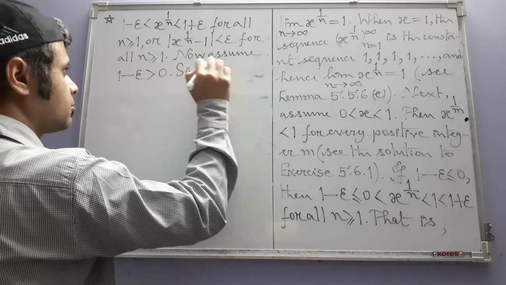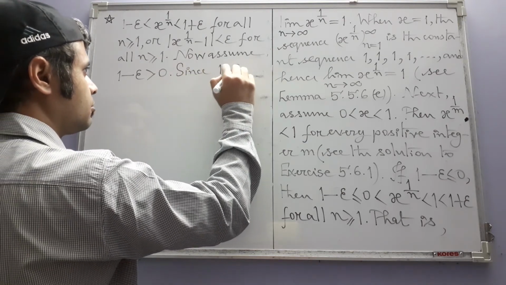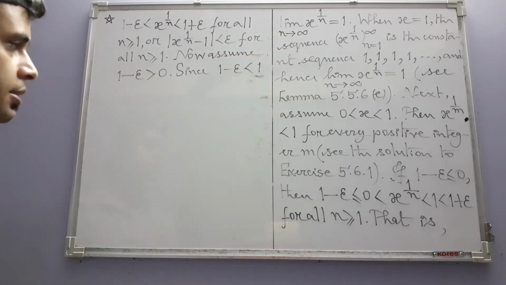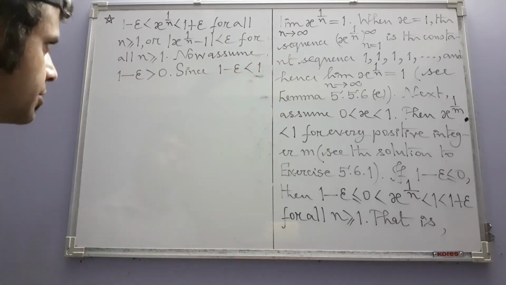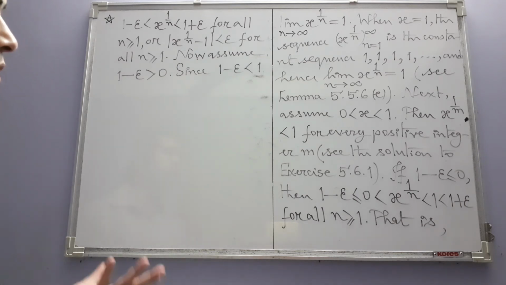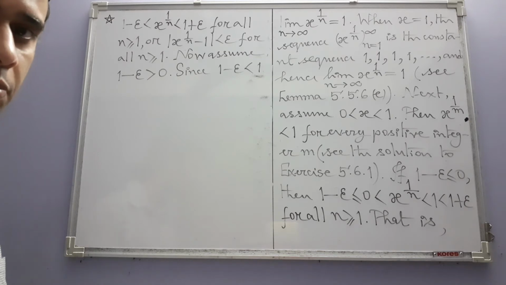Since 1 minus epsilon is less than 1, which is always true because epsilon is positive, 1 minus epsilon is a real number lying between 0 and 1.